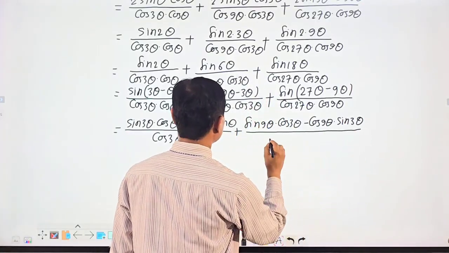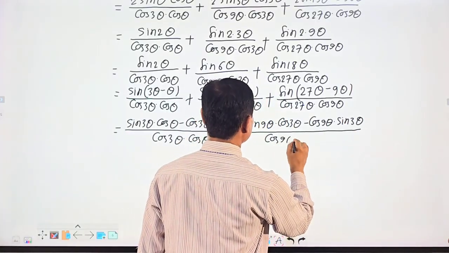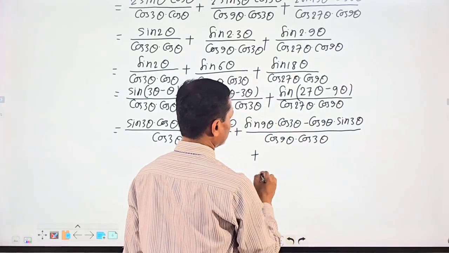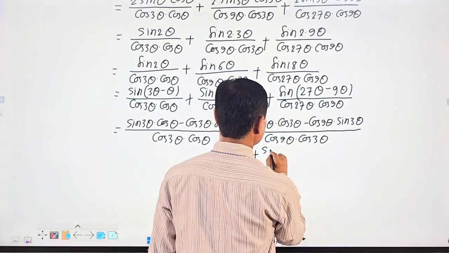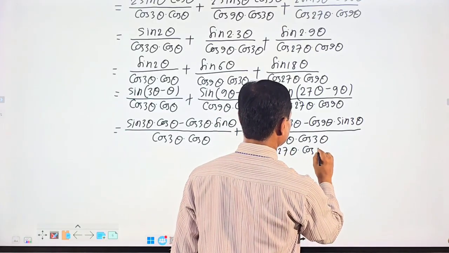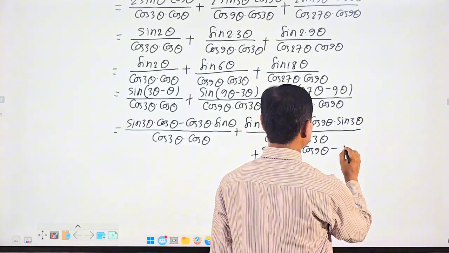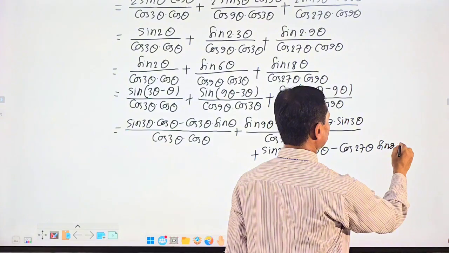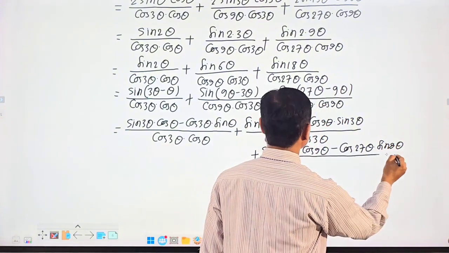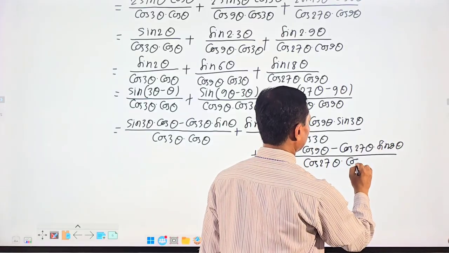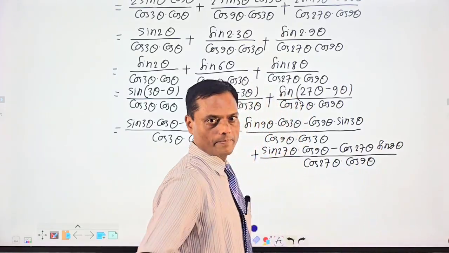At the denominator, cos 9 theta dot cos 3 theta, and there is a plus. Again you write here sin 27 theta dot cos 9 theta minus cos 27 theta dot sin 9 theta over cos 27 theta dot cos 9 theta. Isn't it?